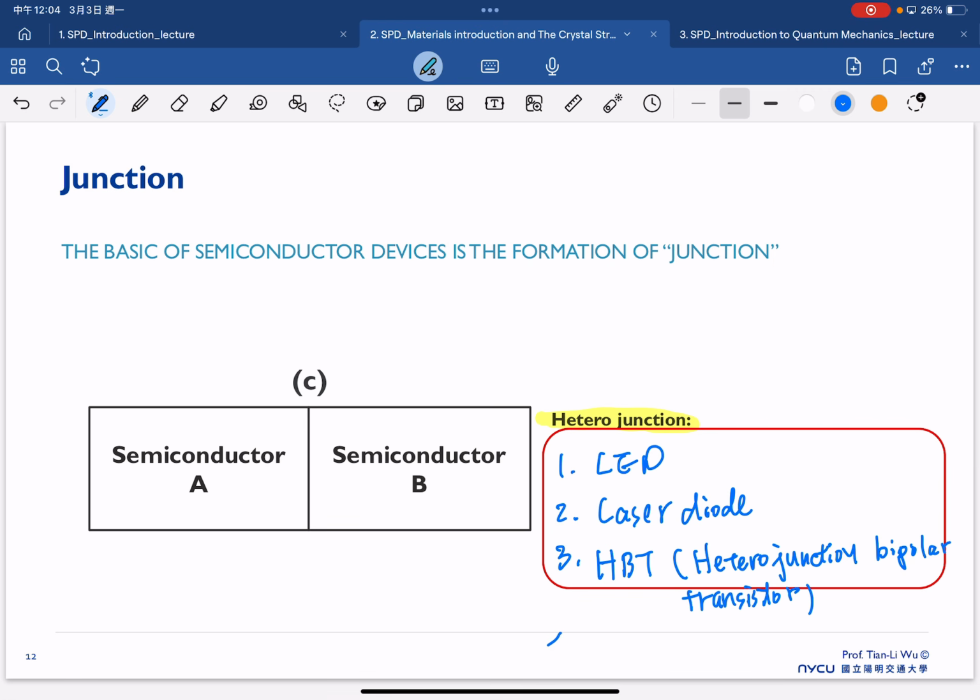And also, the last one is what we call the HEMT, which is a high electron mobility transistor.